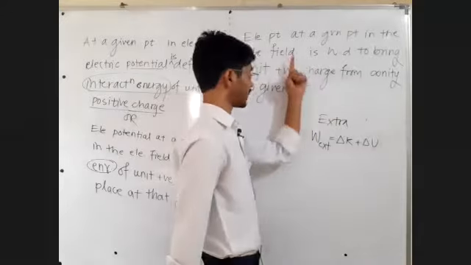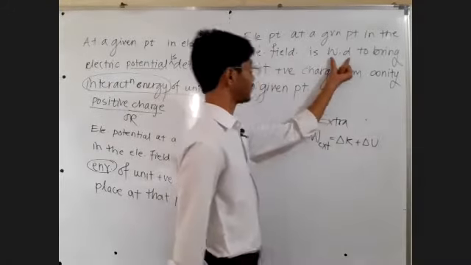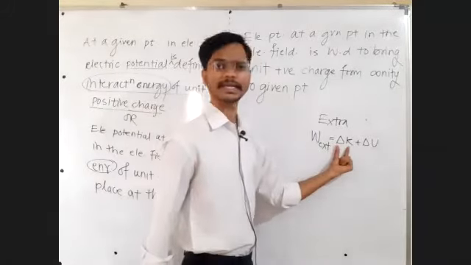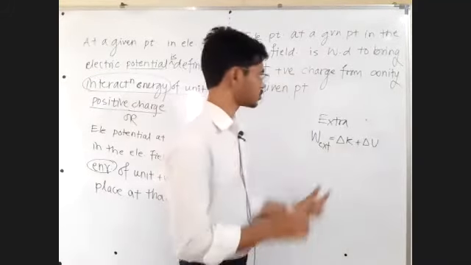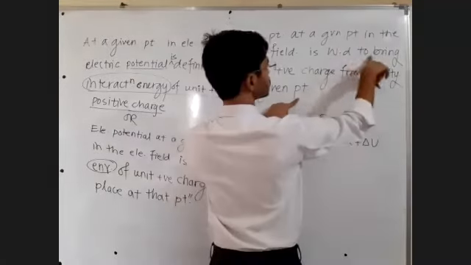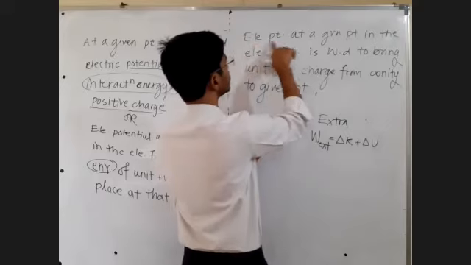Here we are writing this work done as potential energy, which means the changing kinetic energy is 0, which means acceleration should not be there. So this charge is to be brought without acceleration.